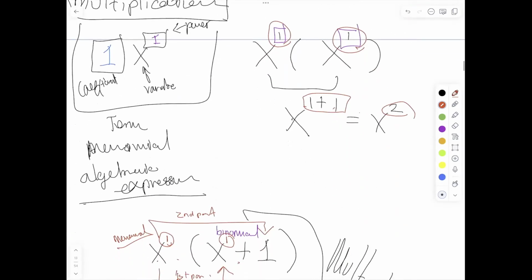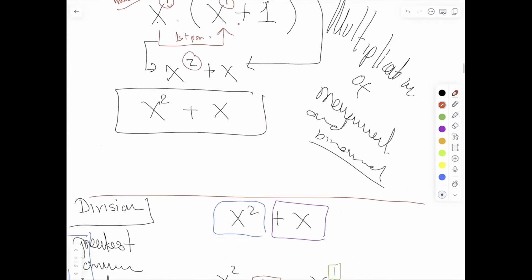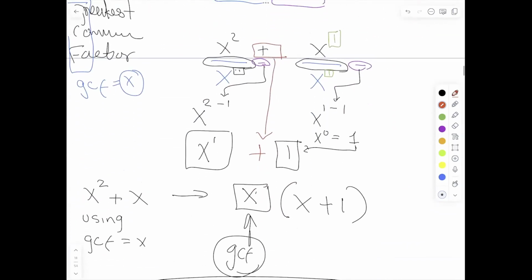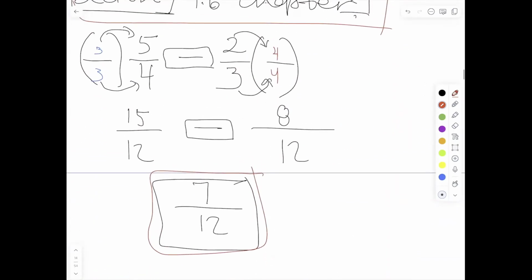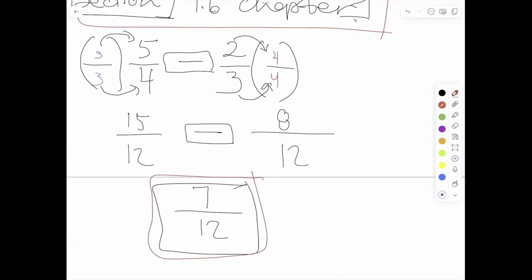All right, so then that brings us to multiplication and greatest common factor, and also division. So a problem that you're going to see is a problem like the one you're seeing in front of your screen. Do you see an equal sign next to those fractions, or do you see a subtraction sign? Subtraction.